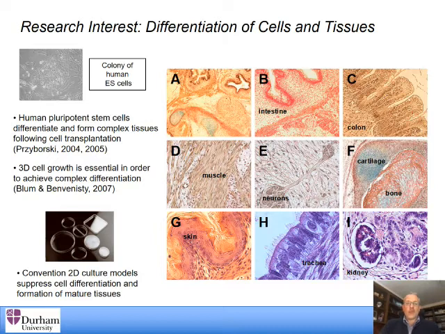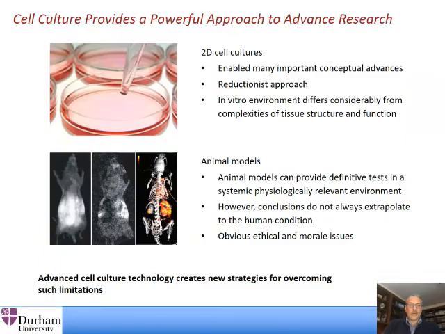However, we want to replace the use of animals in this process, and we want to be able to generate such tissues in a controllable manner, reproducibly in the cell culture laboratory. But unfortunately, conventional two-dimensional cell culture models do not enable this to occur. Cell culture itself, though, has enabled many important conceptual advances.